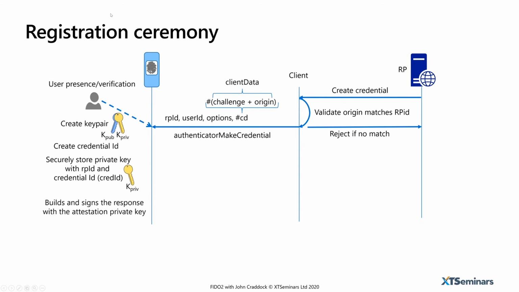And then what we do is we build and sign a response. There's no point in signing it with our private key because the relying party at this stage doesn't know what the public key is. But what we do is we sign it with the attestation private key, which is burnt into the device. It's not a unique key per device, because if it was, we could be tracked across the internet by looking at that signing key.